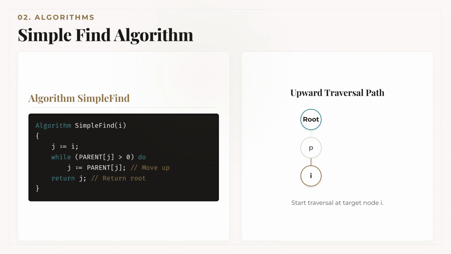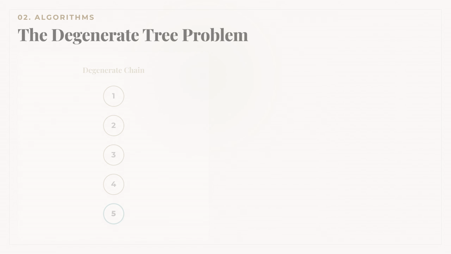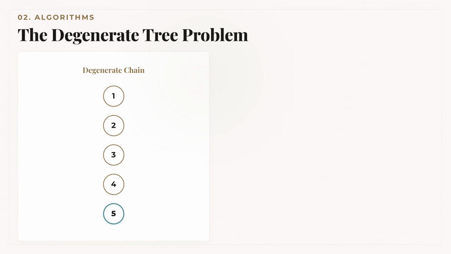Imagine the following sequence of operations. First, we perform union of 1 and 2. Next, union of 2 and 3. Then, union of 3 and 4. Then, union of 4 and 5. This process continues. What happens to the tree? Instead of growing like a balanced tree, it becomes a long chain. 1 points to 2, 2 points to 3, 3 points to 4, 4 points to 5, and so on.